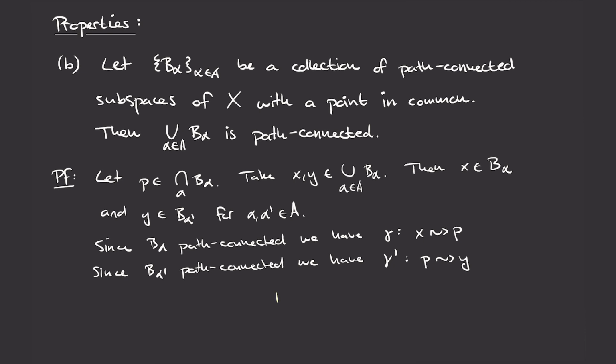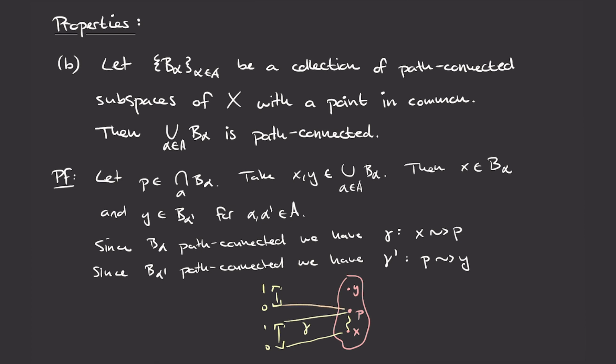So I'll write down how this operation works first in the picture. We have the unit interval here, and we have a second unit interval here for each of the paths. Then we have our union of the B alphas, so this big space here, with this common point P happening here. Then our point Y is up here, and our point X is down here. Now gamma is a path from X to P. So this is gamma.